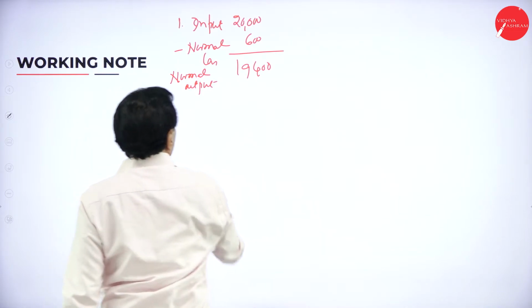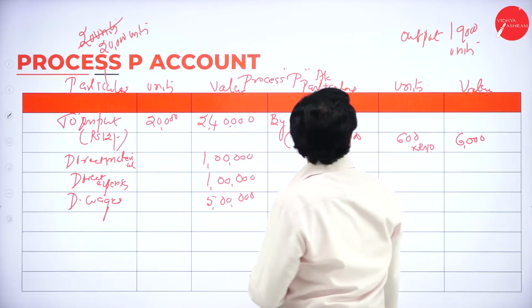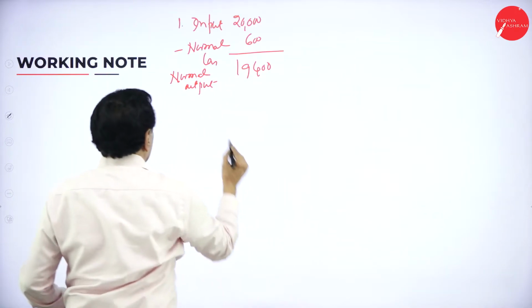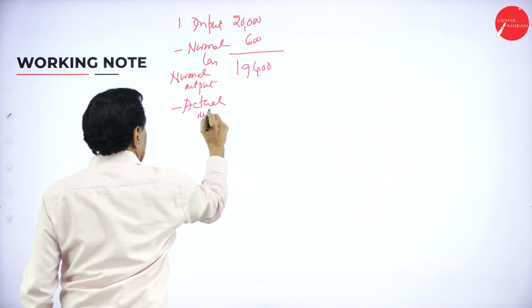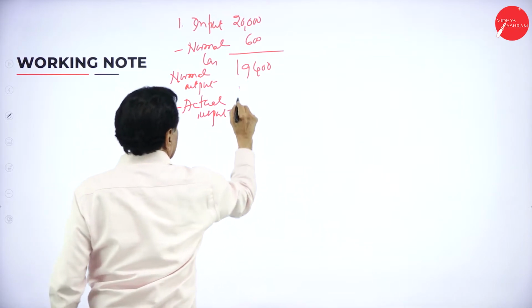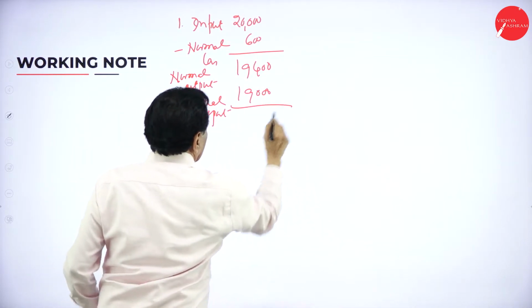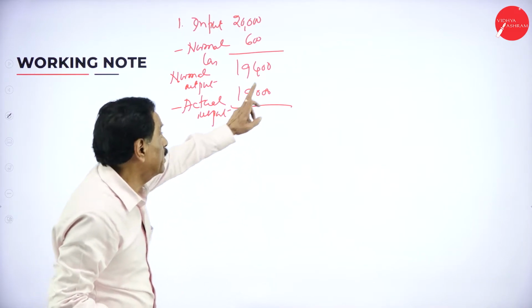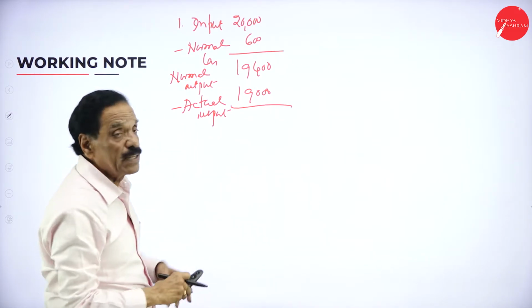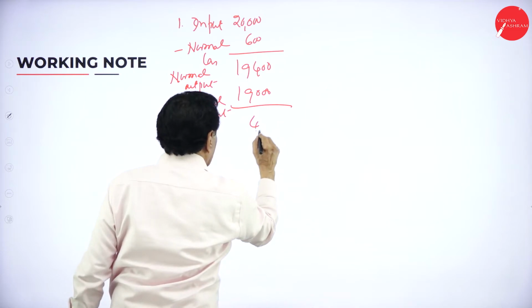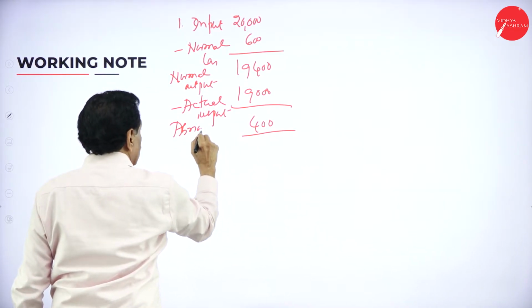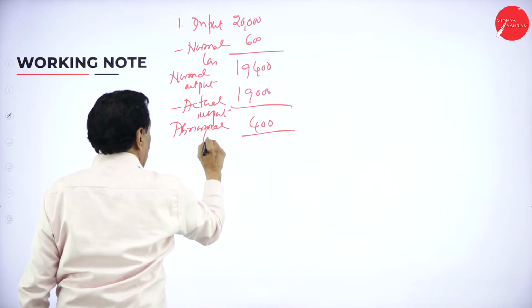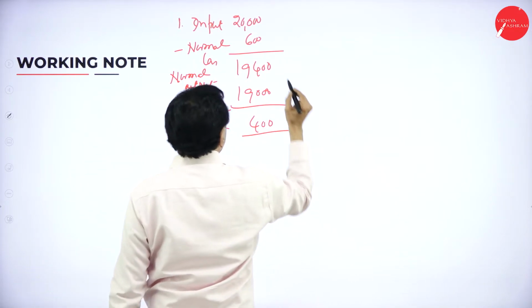What's your actual output? 19,000. Your standard output is 19,400. Your actual is 19,000. What's the difference? 400, which is called abnormal loss. This is in units.